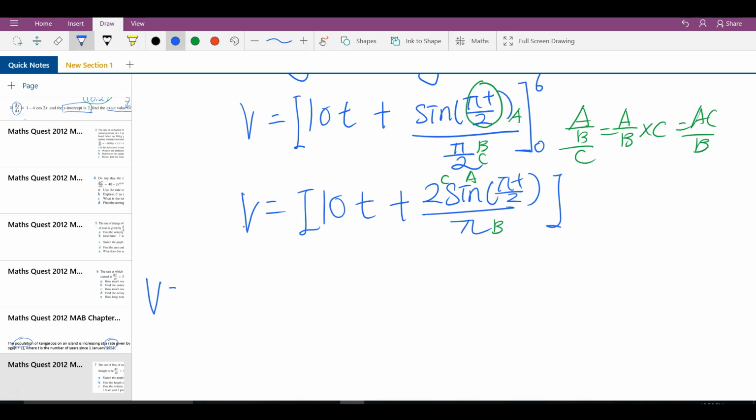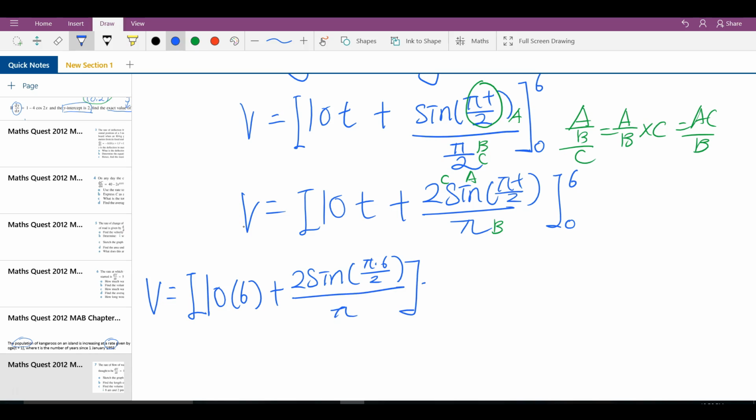So volume is equal to, first we sub the top value in: 10 times 6 plus 2 sine pi 6 over 2, all over pi. And then minus, so we're going to do the difference between them: 10 times 0 plus 2 sine 0 over 2, all over pi.